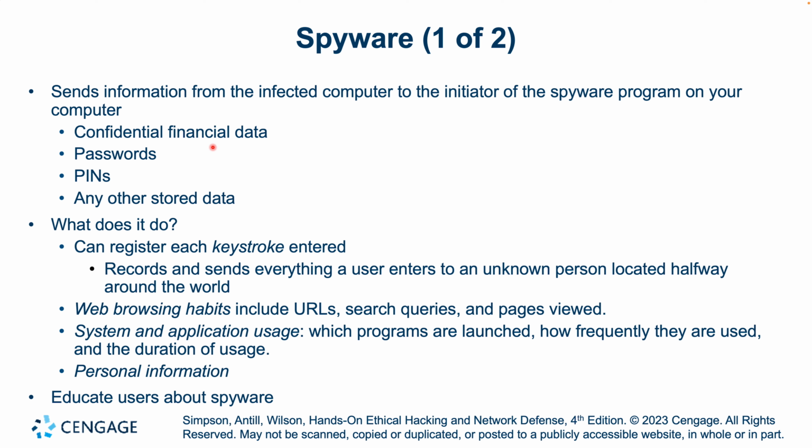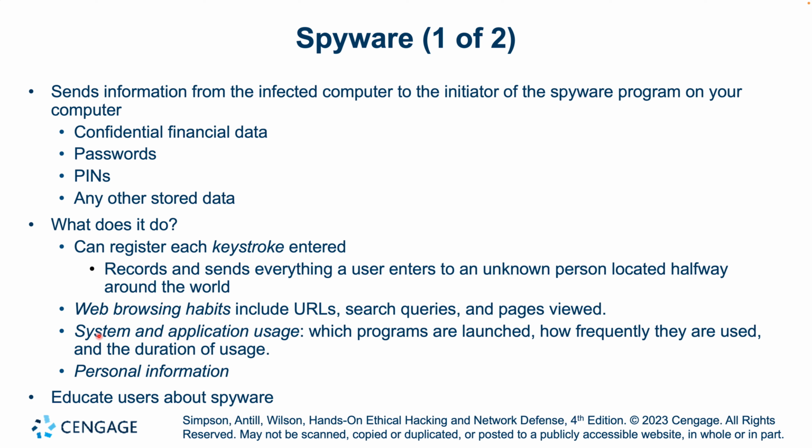So what does it do? It steals confidential information, password, pins, or any stored data. Here are some very good examples. It can register each keystroke entered. It can learn about your web browsing habits, including URL, search queries, and page view.